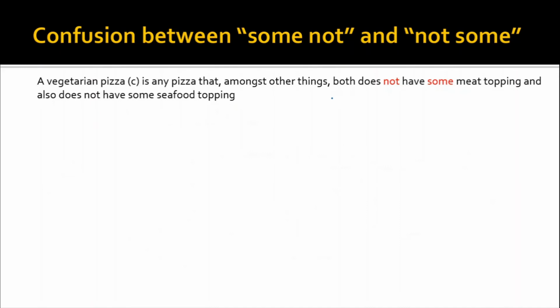So our revised definition of veg pizza is: a vegetarian pizza is a pizza that amongst other things both does not have some meat topping and does not have some seafood topping, right? So you see we have exchanged the place of some and not, and by just exchanging the place we are having a different definition, and one is correct, the other is incorrect.